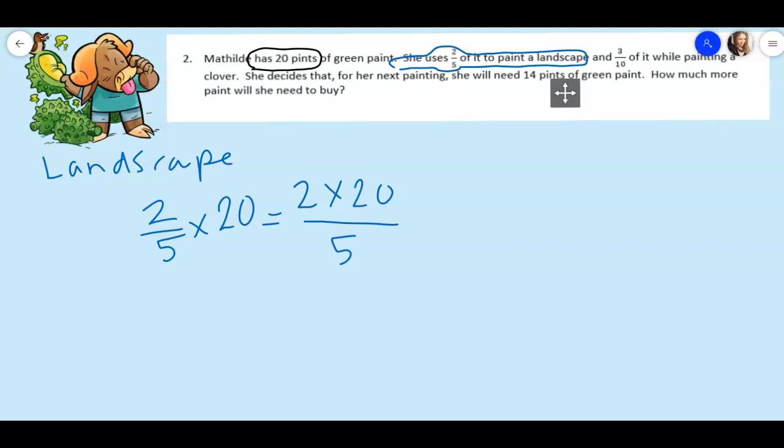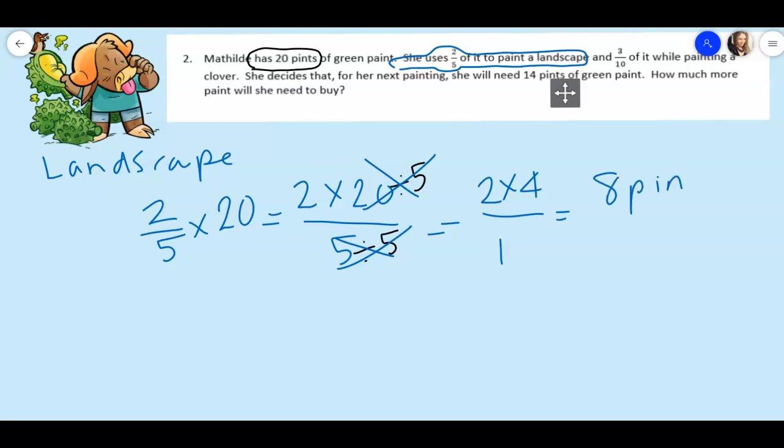Now, I can see right away that I have some cross-canceling opportunities because 5 goes into both 5 and 20, which would give me the new equation of 2 times 4 over 1, because 5 goes into 20 4 times and 5 goes into 5 1 time, which means that she uses 8 pints on the landscape.